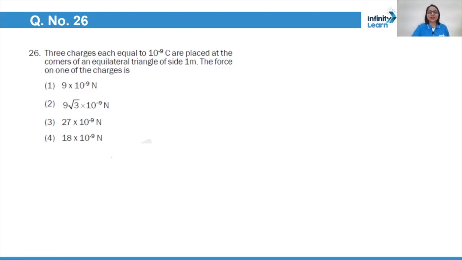Question number 26. We have three charges, each equal to 10 power minus 9 coulomb, placed at the corners of an equilateral triangle of side 1 meter. The force on one of the charges is. So we have this equilateral triangle, something like this, and we have three charges placed over here, 1, 2, 3. Let's say we want to find the force on this charge.